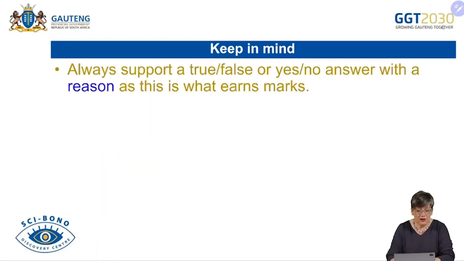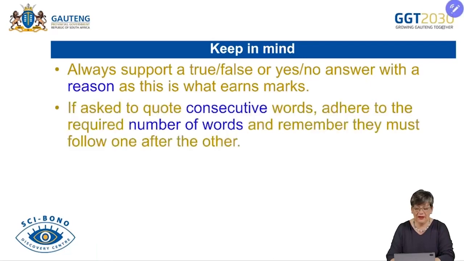You might be asked to support a true or false question or a yes or no question. Now remember, you're not going to get marks for yes or no. It has to be there, but when we're looking at the reason, that's where you're getting your marks. So always remember that. Now, consecutive means you have to answer or quote, for instance, one word after the other.